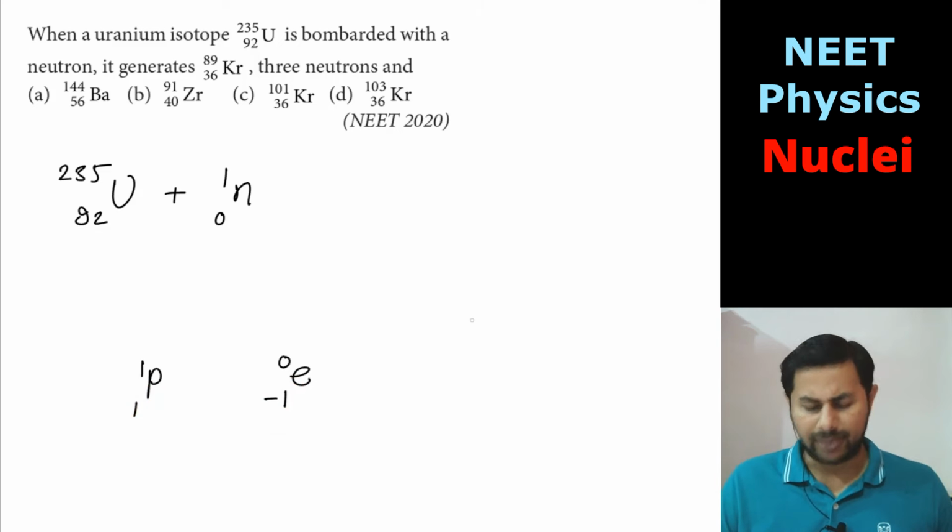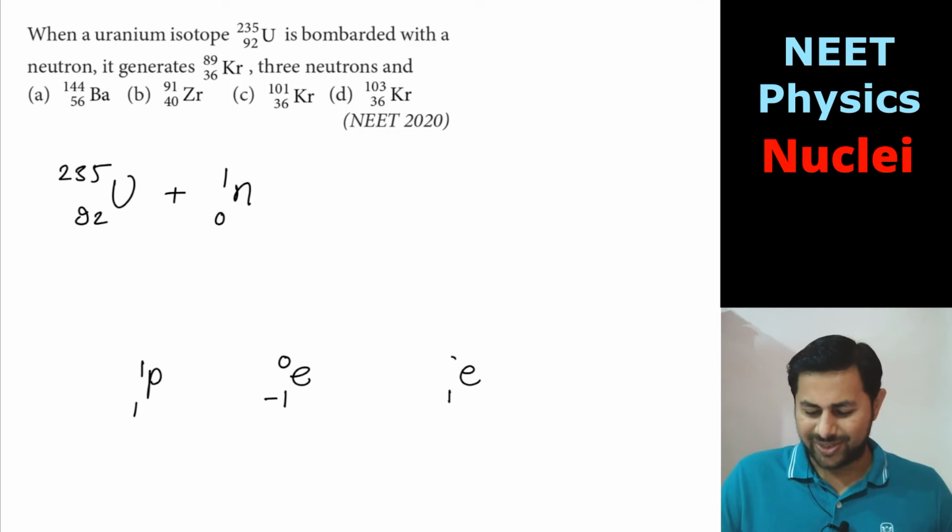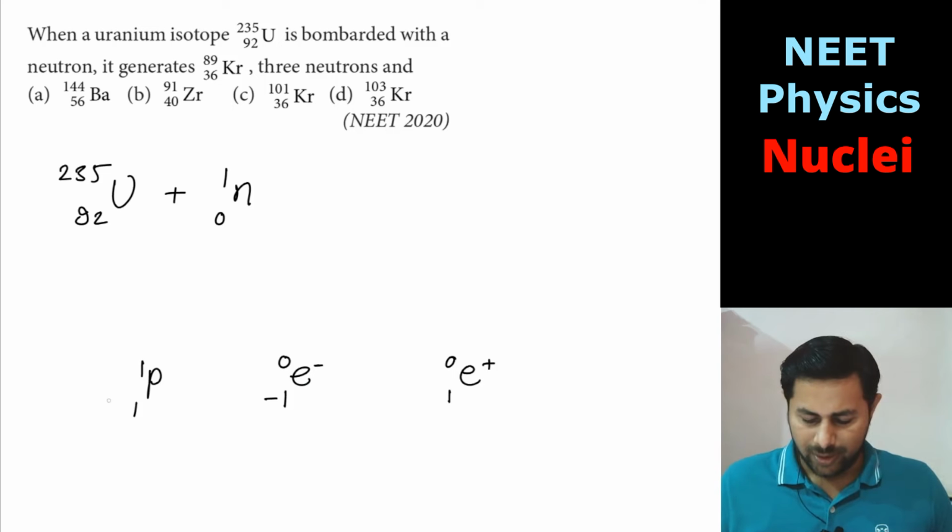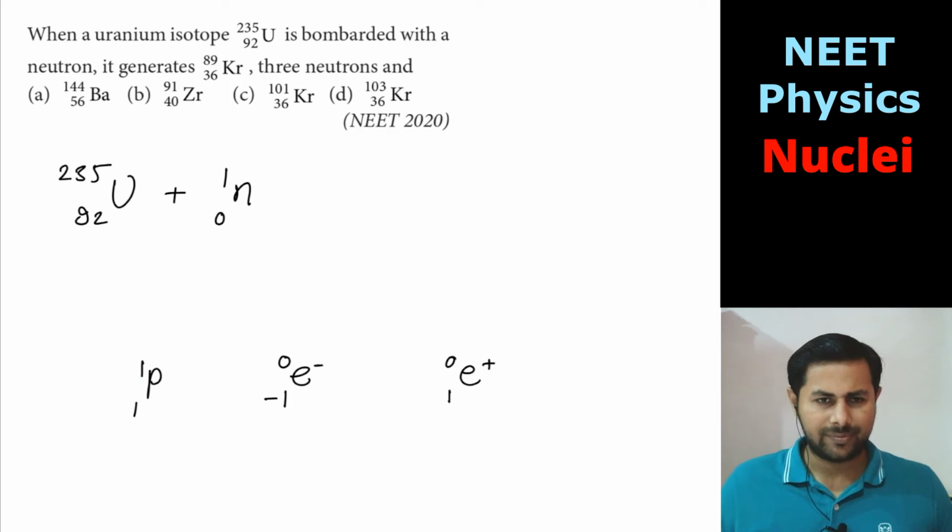It's 2000 times less than the mass of proton, so mass number is 0. In case of positron, it's 1 0. So this is E minus, this is E plus, right? So this thing is clear, everyone? Atomic number and mass number of these particles. Okay, good.